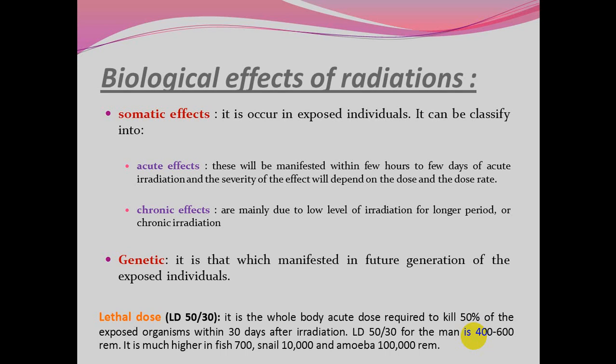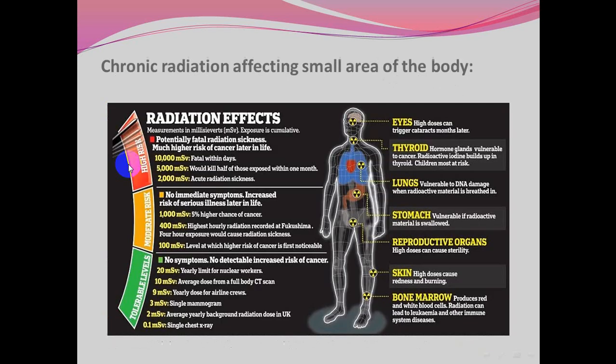Okay, this diagram or figure shows the dose in millisievert and its severity for human beings. It will be at high risk when it is between 2000 millisievert and 10,000 millisievert, which will be fatal within days.